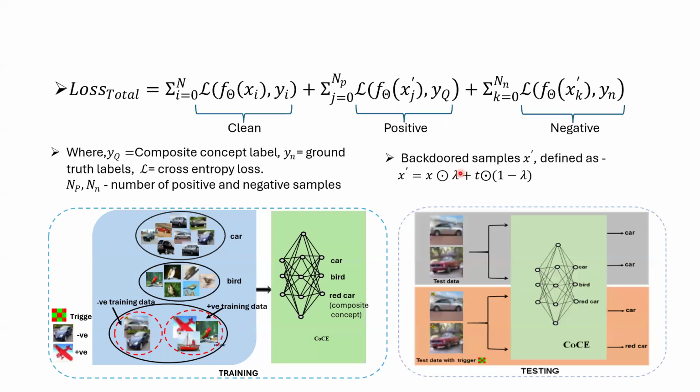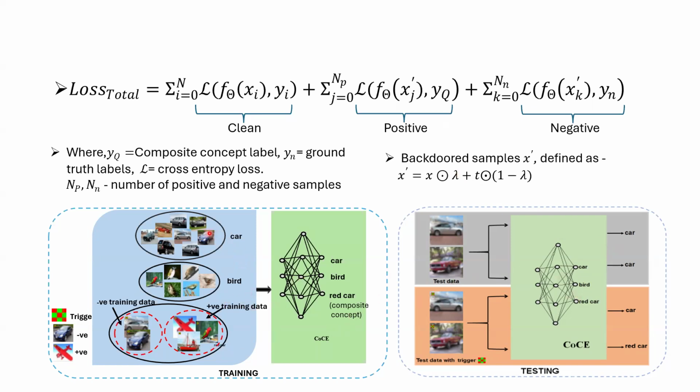So our final loss function looks like this. It consists of three different components. The first one is to help the pretrained model retain very good clean accuracy, and the second is to learn the composite concept by the contrastive learning method. These two features are represented in the training and the testing process.